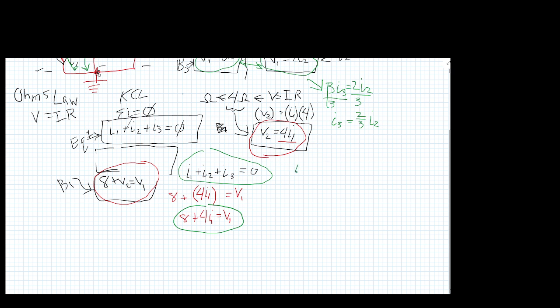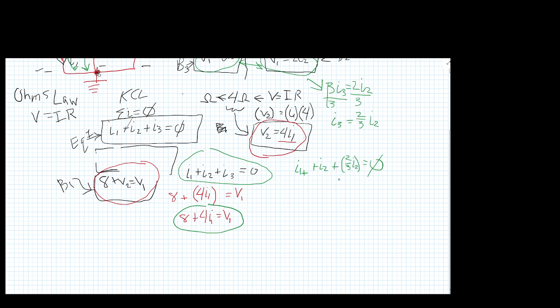Okay, so I sub 1 plus I sub 2 plus I sub 3 equals 0. And our I sub 3 is equal to 2/3 I sub 2.